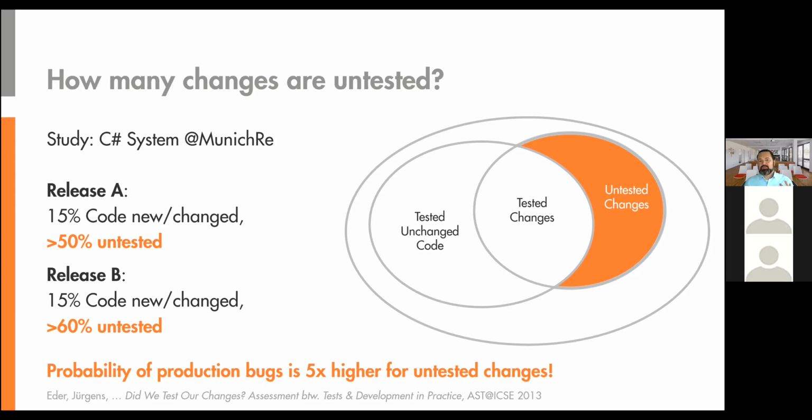And this was kind of what we expected. What we were really surprised about was that in both releases, half or more of the changes slipped through testing entirely untested. And that was surprising to us because Munich Re had back then already a very structured test process, and everybody expected that number to be much lower.